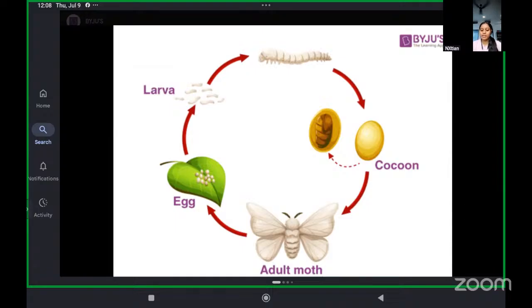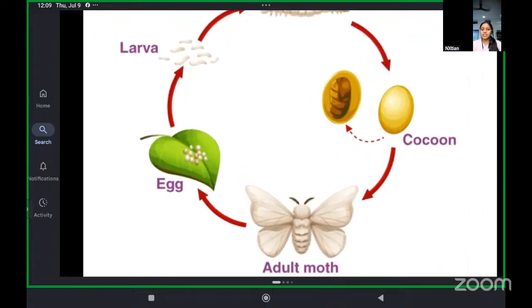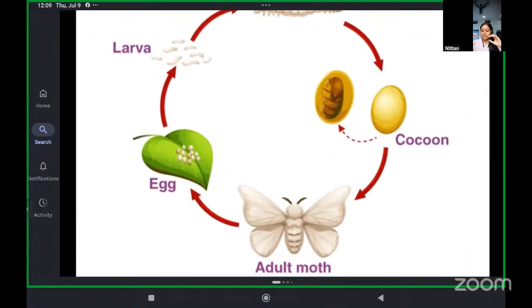When this caterpillar starts secreting thread and covers itself in it, it becomes a cocoon. The cocoon is the whole covering, and inside it the caterpillar is known as pupa. Then it bursts open and the pupa comes out and becomes an adult moth.